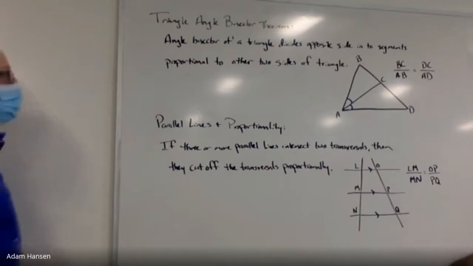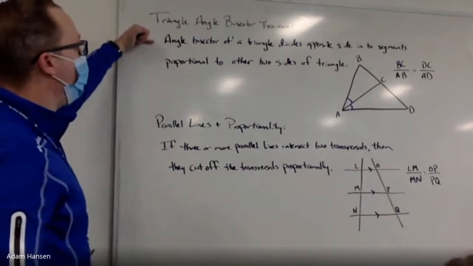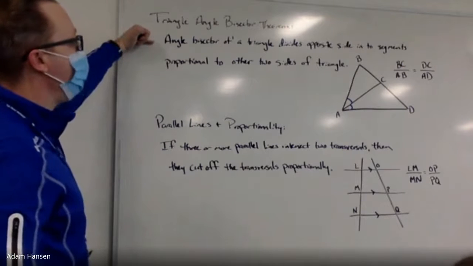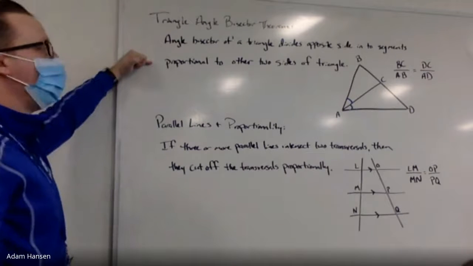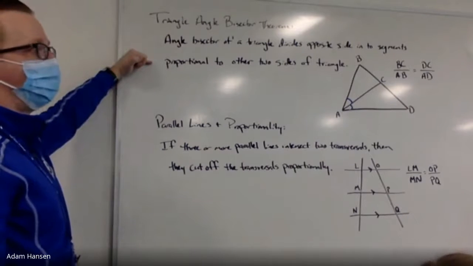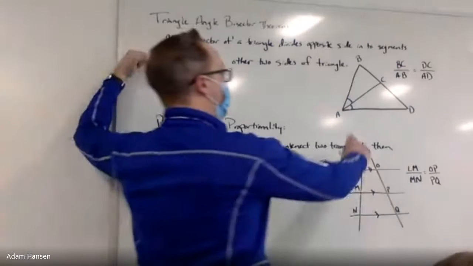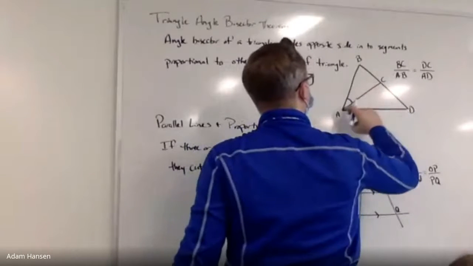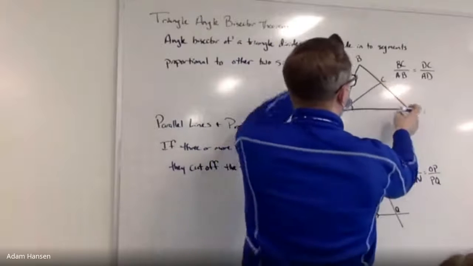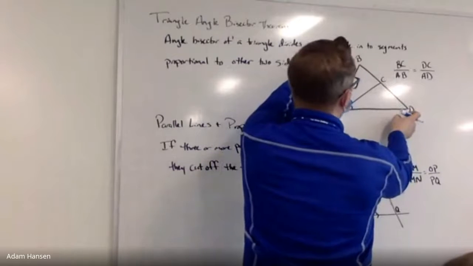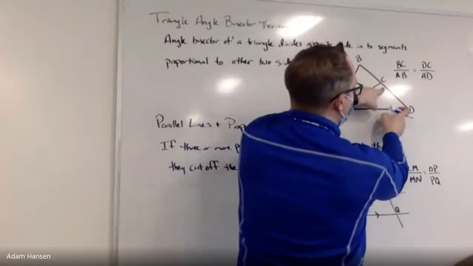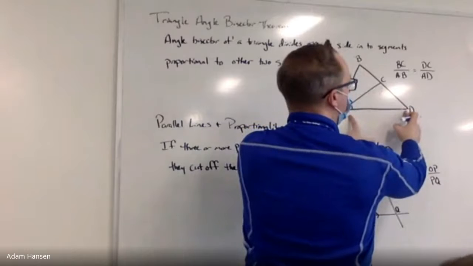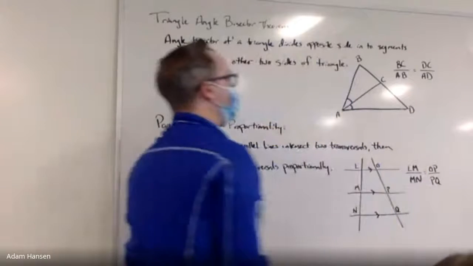Our theorem says that the angle bisector of a triangle divides the opposite side into segments that are proportional to the remaining two sides of the triangle. So this angle bisector, AC, cuts the right side into proportional parts. BC is proportional to AB, as DC is proportional to AD.